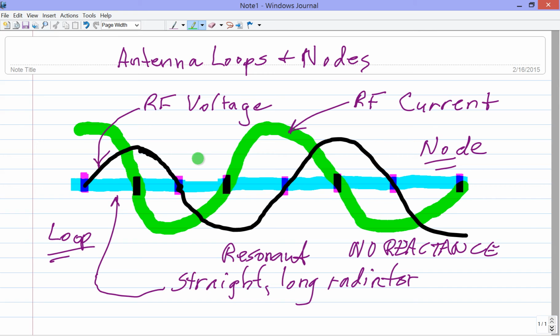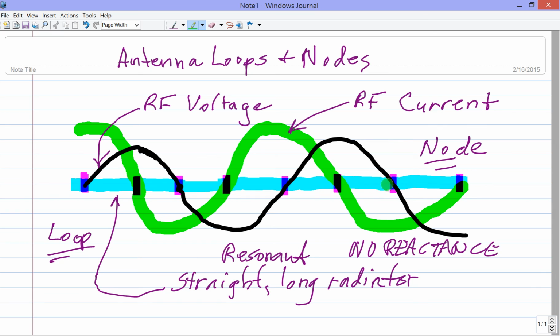But open wire line, and particularly a well-constructed low-loss open wire line, can be used to feed an antenna at either a voltage node right here, a voltage node right here, or a current node right here, any of these points. And you can also feed it in between these nodes.